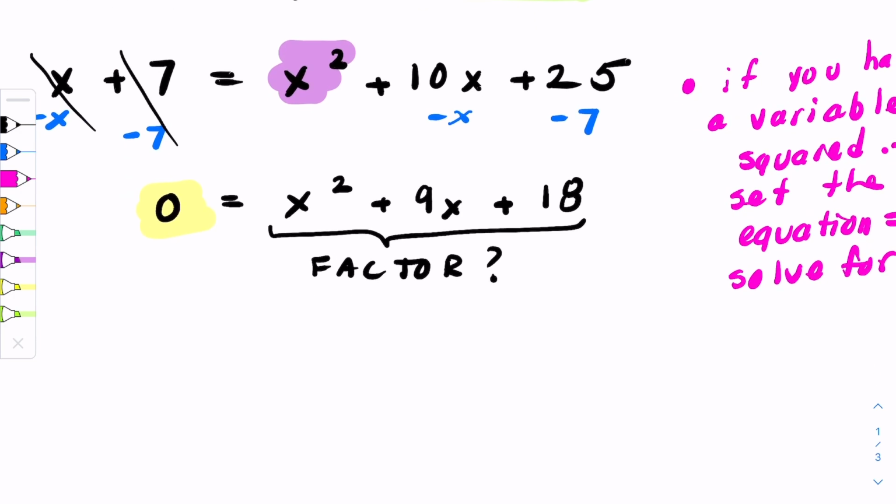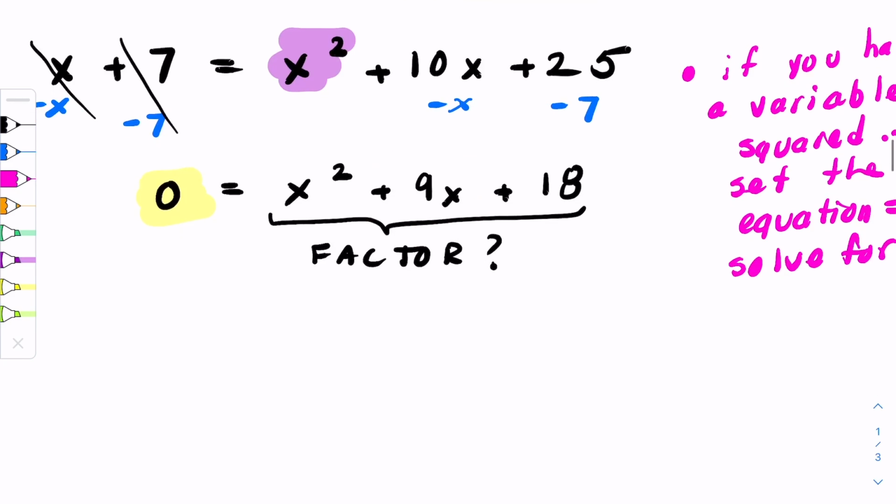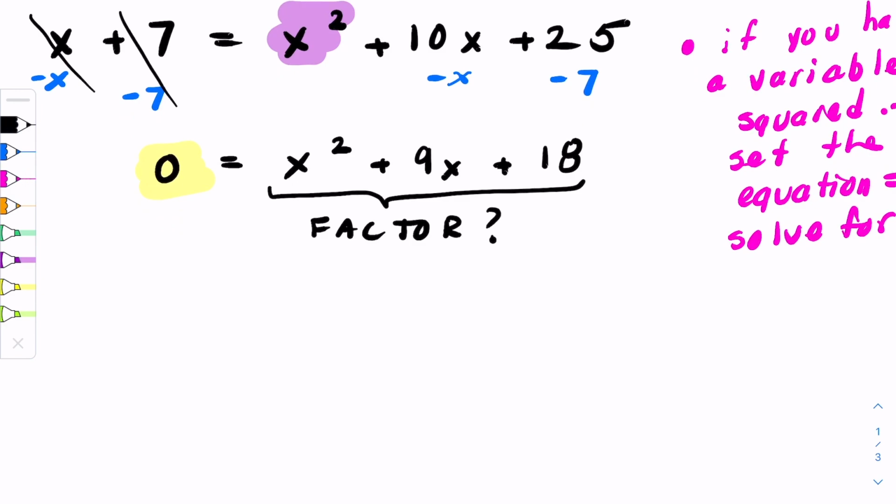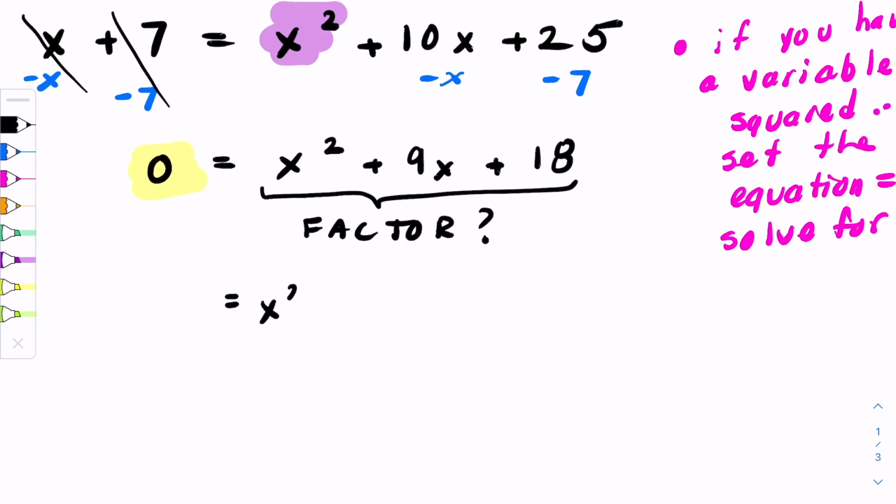All right, so looking at this expression, x squared plus 9x plus 18. What two factors multiply to 18 and the same two factors add to 9? So that would be 6 and 3. I'm going to rewrite this expression as x squared plus 6x plus 3x plus 18.